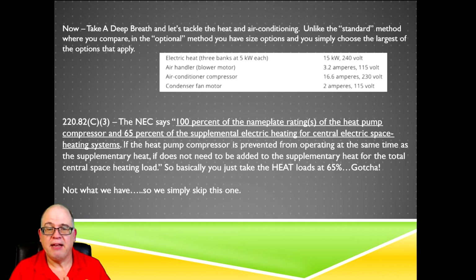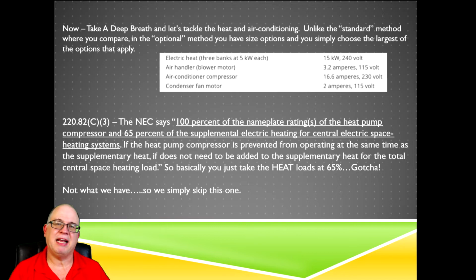Now, if there is no statement about the fact that they could possibly come on at the same time, then I'm going to have to take 100% of the heat pump's value in the compressor and 65% of the supplemental electric heat, both, because they both could be there at the same time.